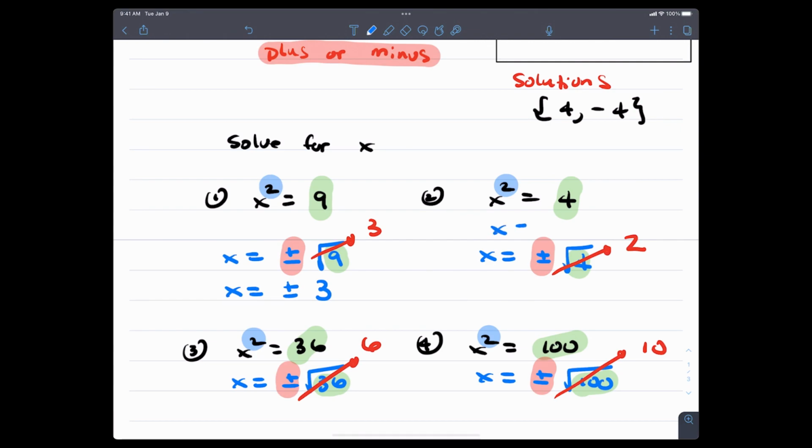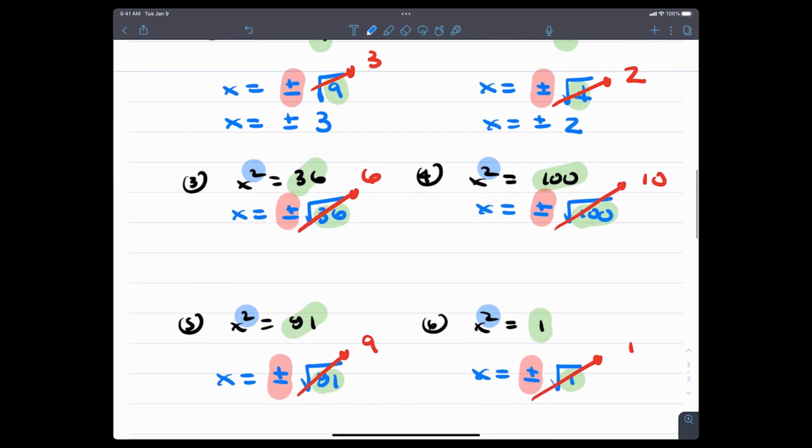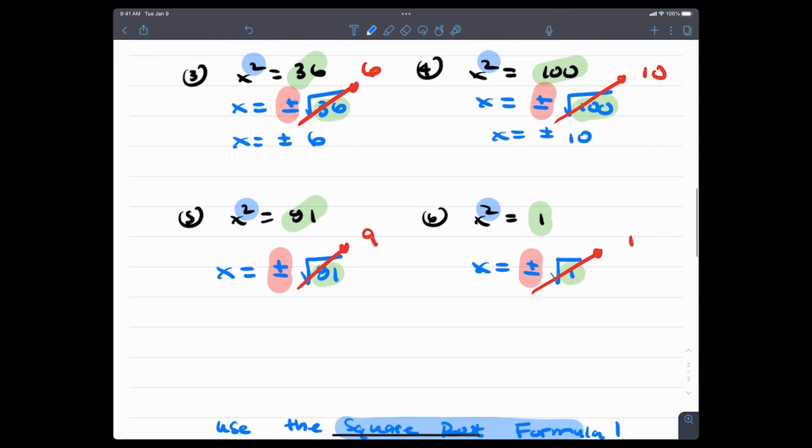X here is plus or minus 2. Is that right? And then here, x will be plus or minus 6. And then x will be plus or minus what? 10. Here, x will be plus or minus 9, and then x here is plus or minus what?